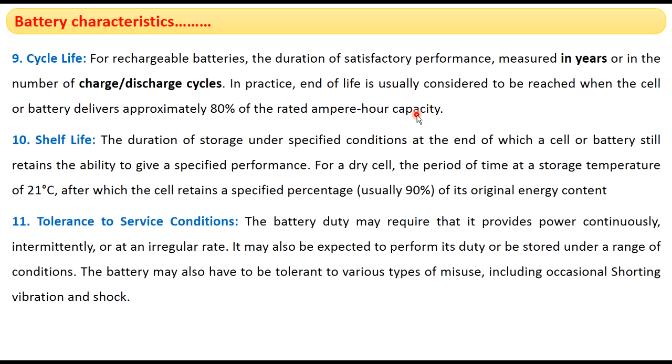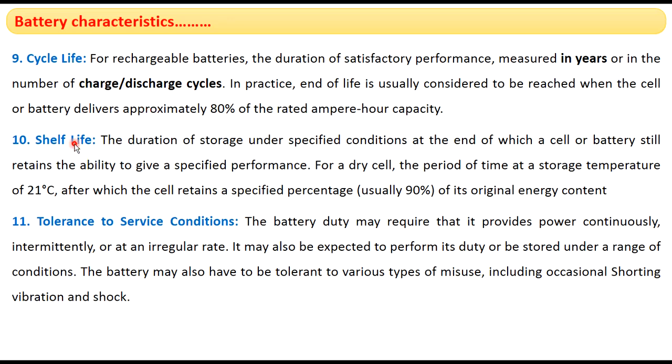Generally cycle life is considered for rechargeable batteries. We use a battery by charging and discharging. So the number of charge or discharge cycles, or number of years, until it produces 80% of its rated ampere hour capacity, that is considered as its cycle life. For an ideal battery, the cycle life should be high.